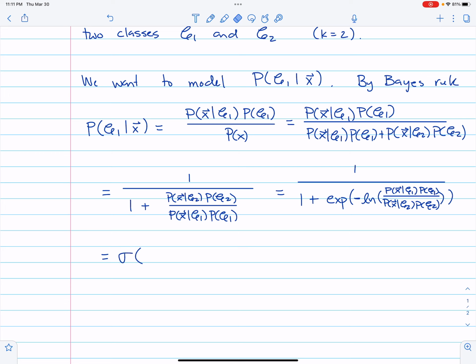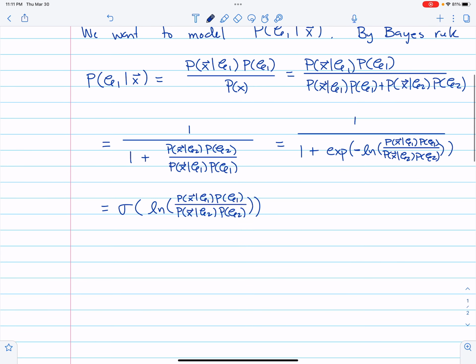And so what we're looking at is sigma of log of the probability of x given C1 times the probability of C1, over these probabilities here.